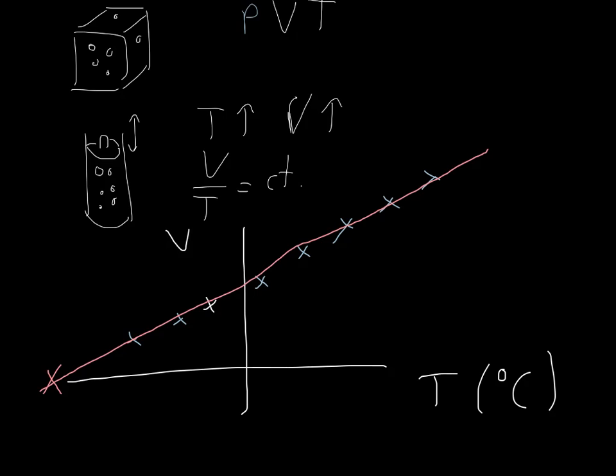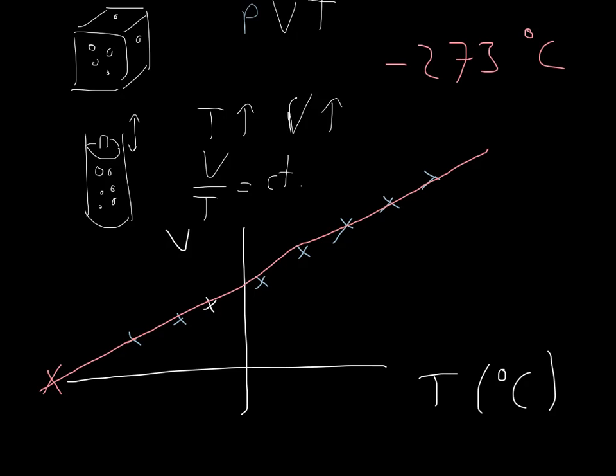So I do this for one gas, and I do it for other gases, and I always get the same. I will always get a line, and it always ends up at some point here in the x-axis, where the volume will be 0. And what's really impressive is that this point here is always the same temperature, which is minus 273 degrees centigrade.